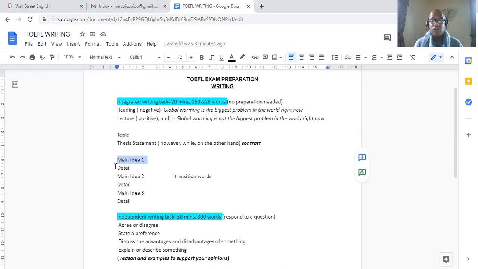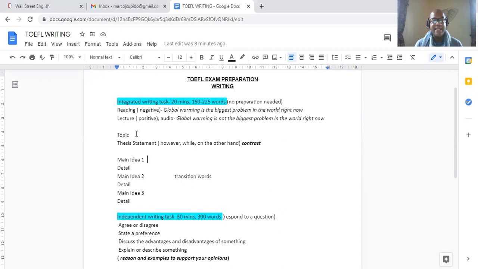Then you use this outline, and then on the second part, you listen to the lecture on the same topic, but a different view. So for my argument's sake, I said global warming is not the biggest problem in the world right now. So when you have those two opposing views, that's where you need to integrate.